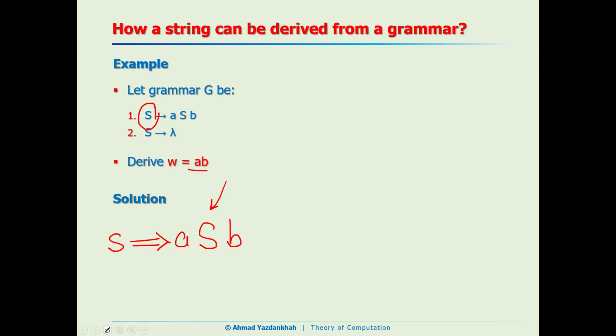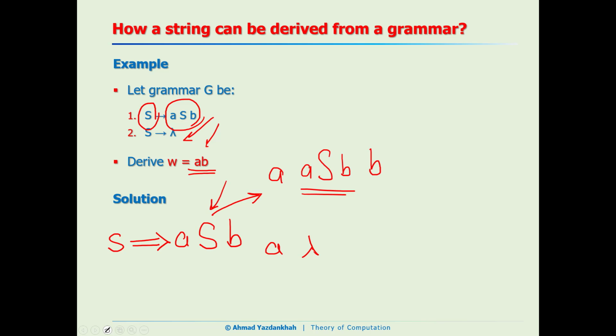I keep an eye here on what string I am looking for. So I am looking for AB. Okay, so I can substitute this S with another ASB, that would be AASBB, or I can substitute it with lambda by using this production rule.